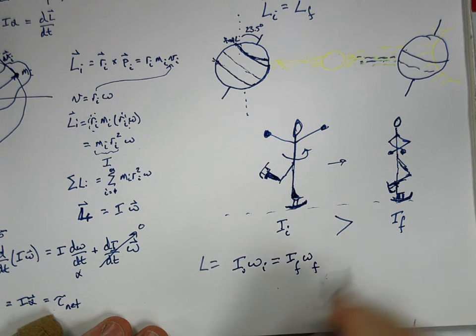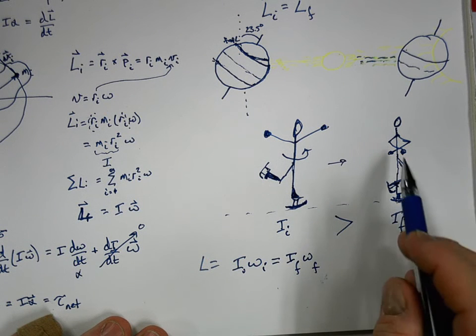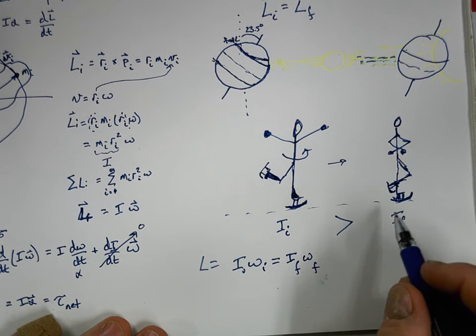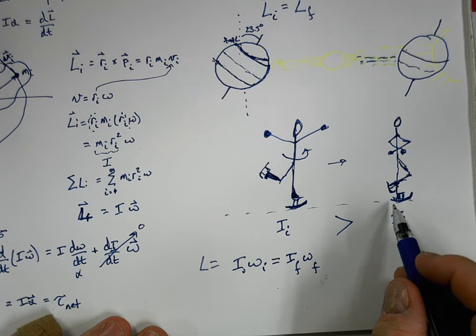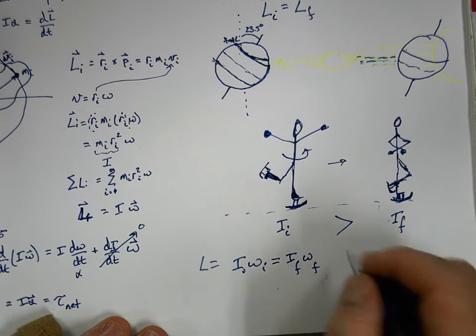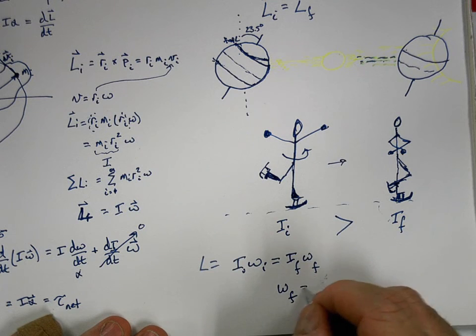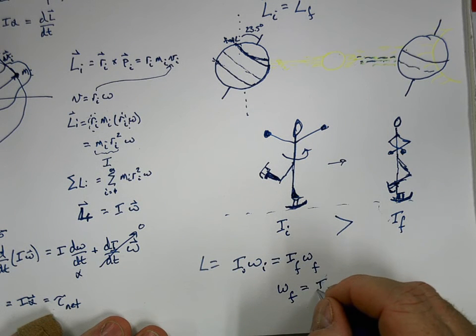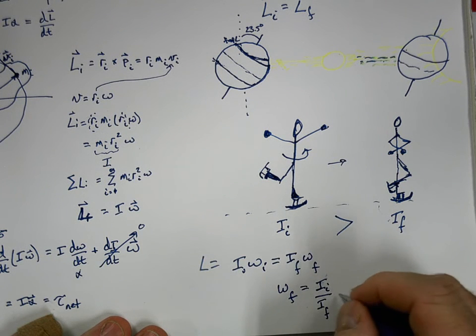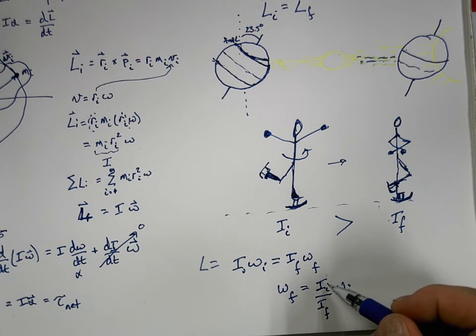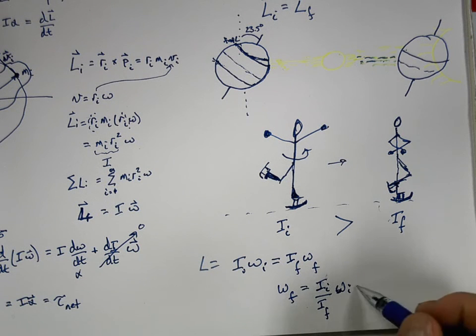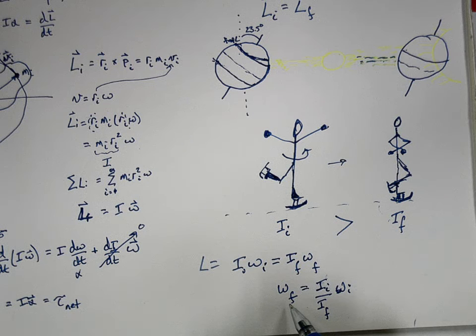Well, what's our final velocity going to be if we start pulling in our arms and our legs to create a smaller moment? Our final angular velocity is going to equal I initial over I final times omega initial. And if this is larger than that, then our angular velocity is going to increase.